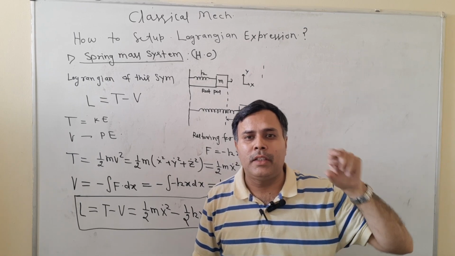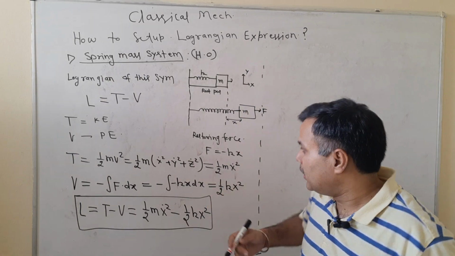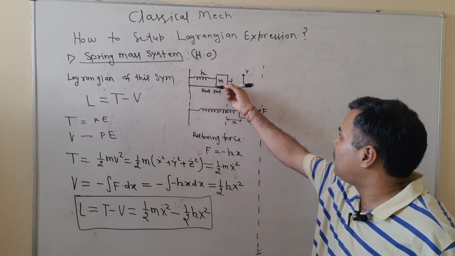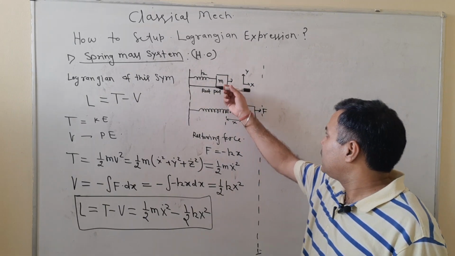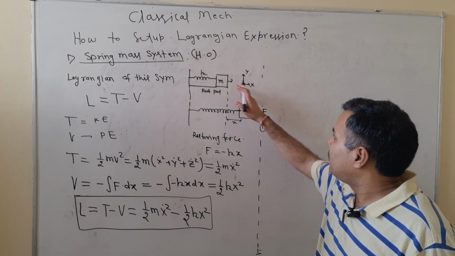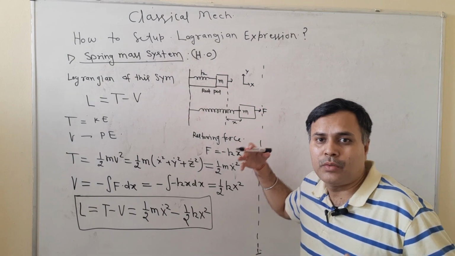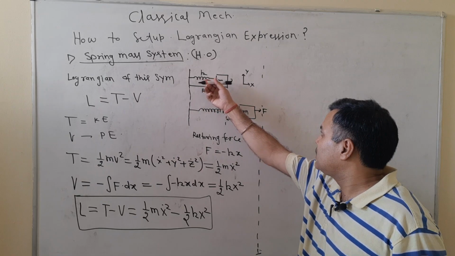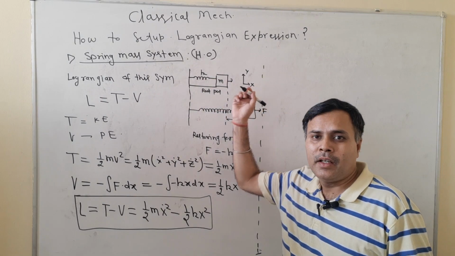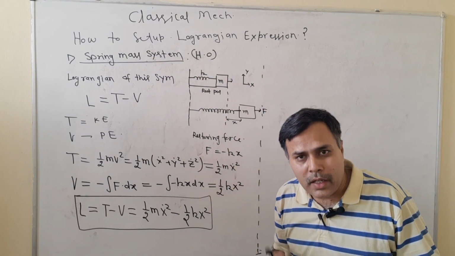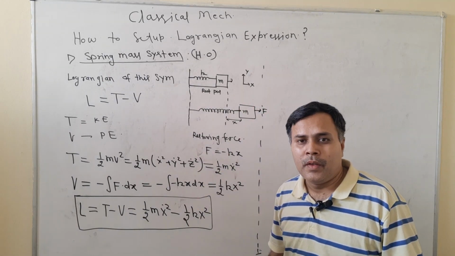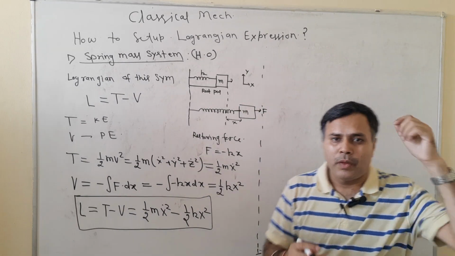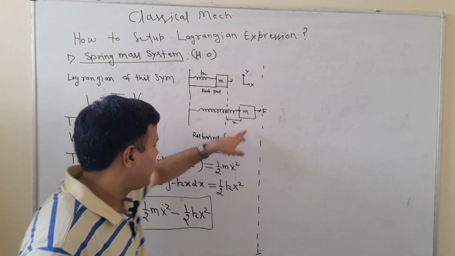So we only consider independent motion. The motion of this mass is only along the x direction, so there is only one independent way through which this system can move.